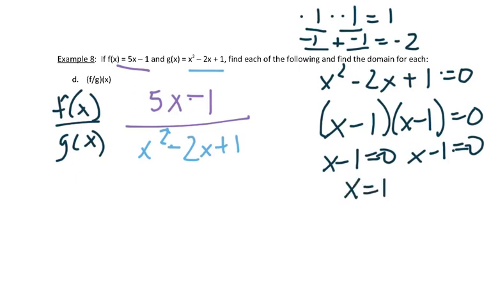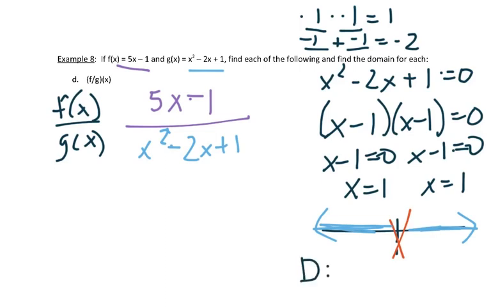So that gives us x is equal to 1 and x is equal to 1. So again, on our number line, that means really that we're crossing off 1 from the problem. We can use everything to the left and everything to the right. So that tells us that our domain would be negative infinity to 1 and then 1 to infinity.